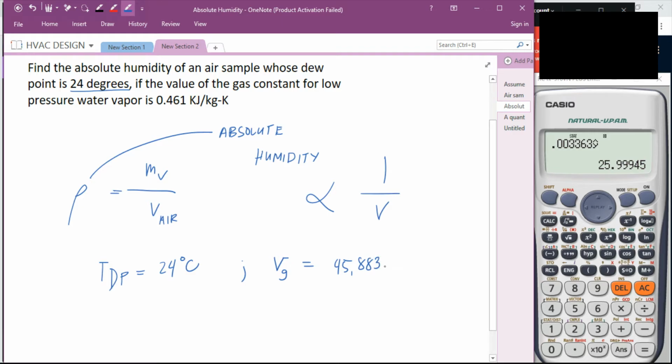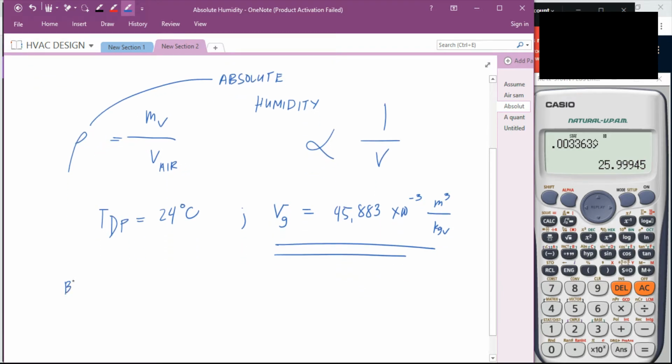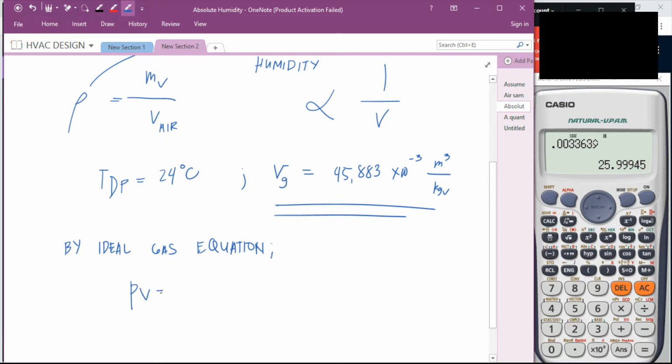45.883 times 10 to the negative 3 cubic meter per kilogram vapor. Ito na yung value. But using our ideal gas equation, PV is equal to mRT.